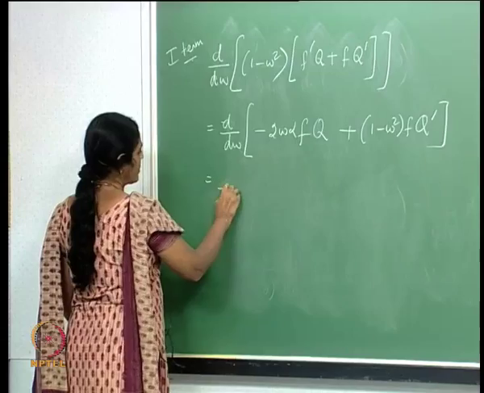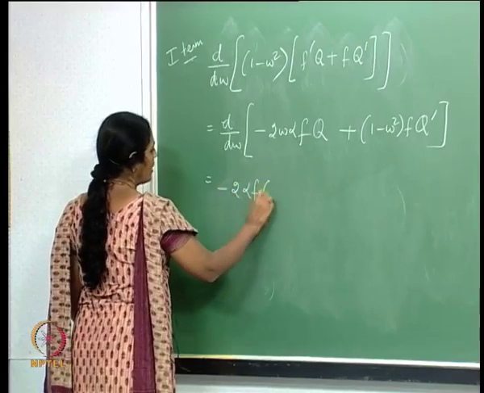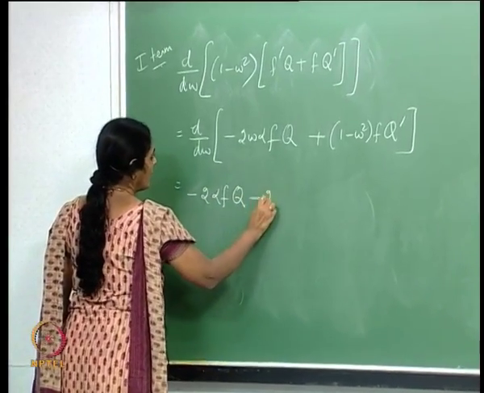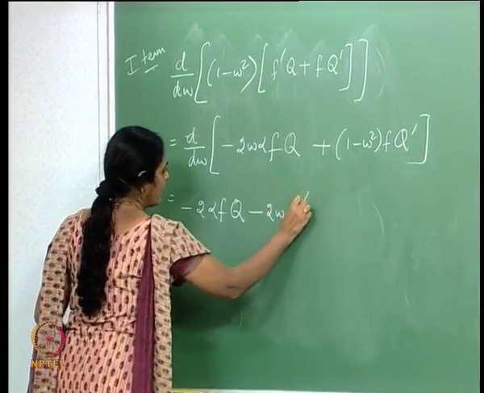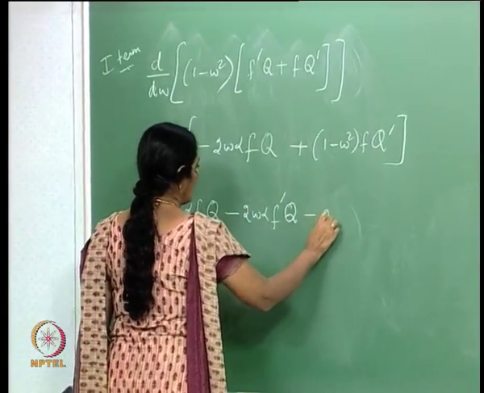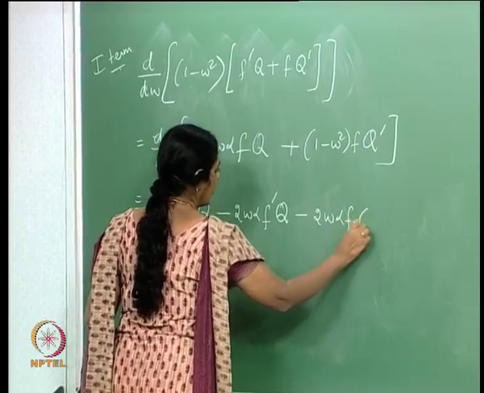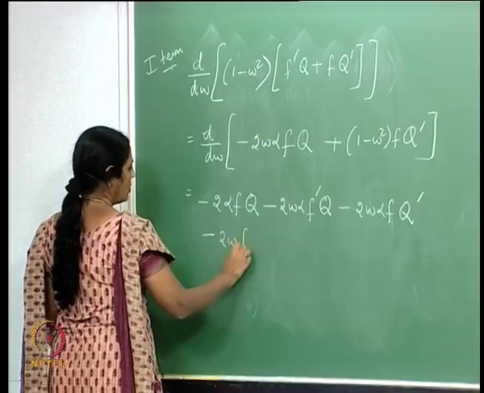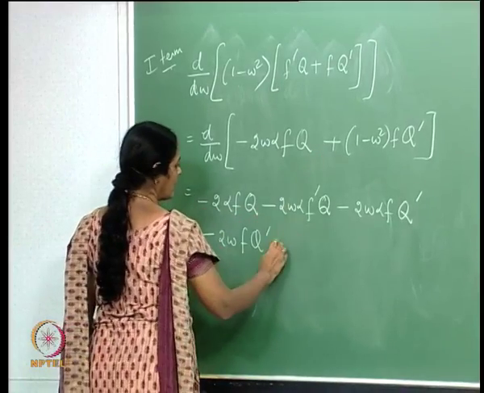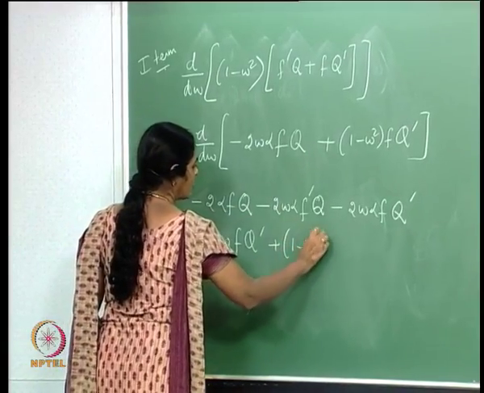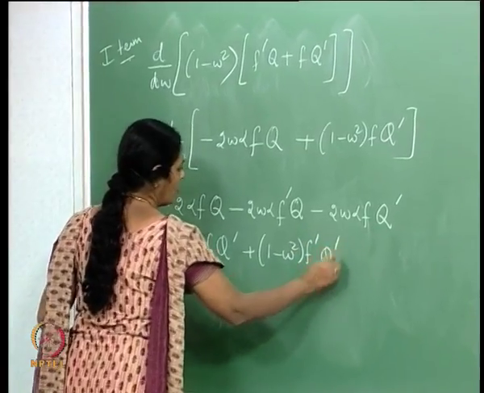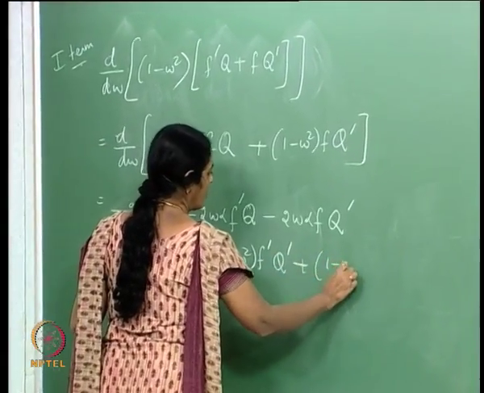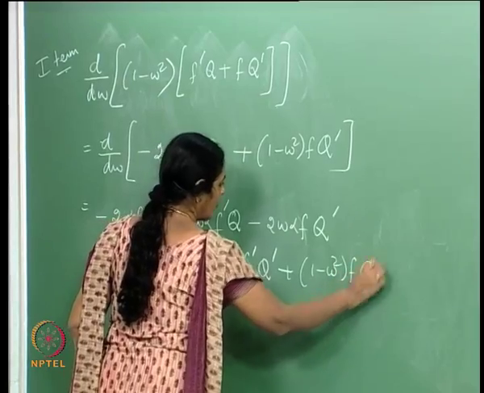And when I expand it, this gives me −2α f q − 2wα f prime q − 2wα f q prime − 2w f q prime from there, plus (1 − w²) f prime q prime plus (1 − w²) f q double prime.